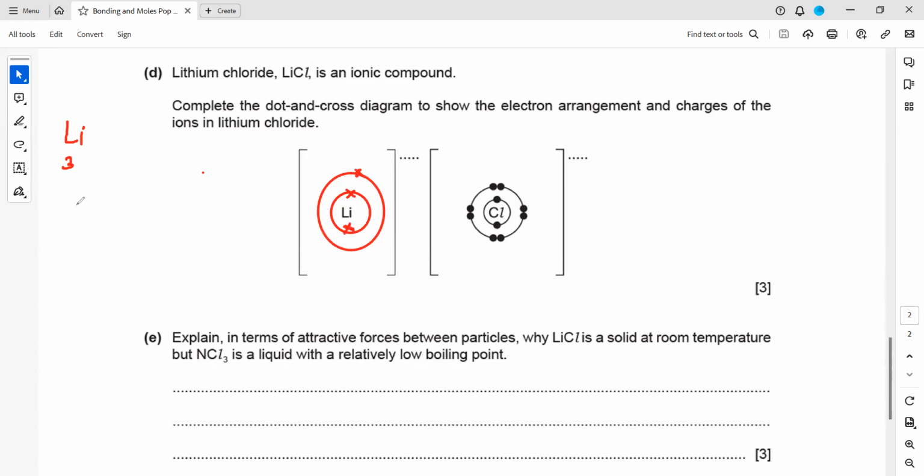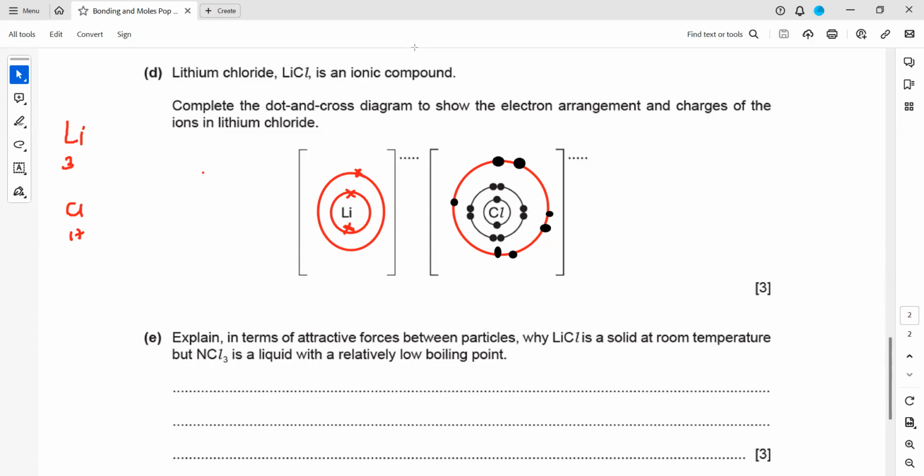And chlorine's atomic number is 17, so the configuration will be 2, 8, 7. There is a third shell, and that should have 7 electrons. So what happens in an ionic compound?